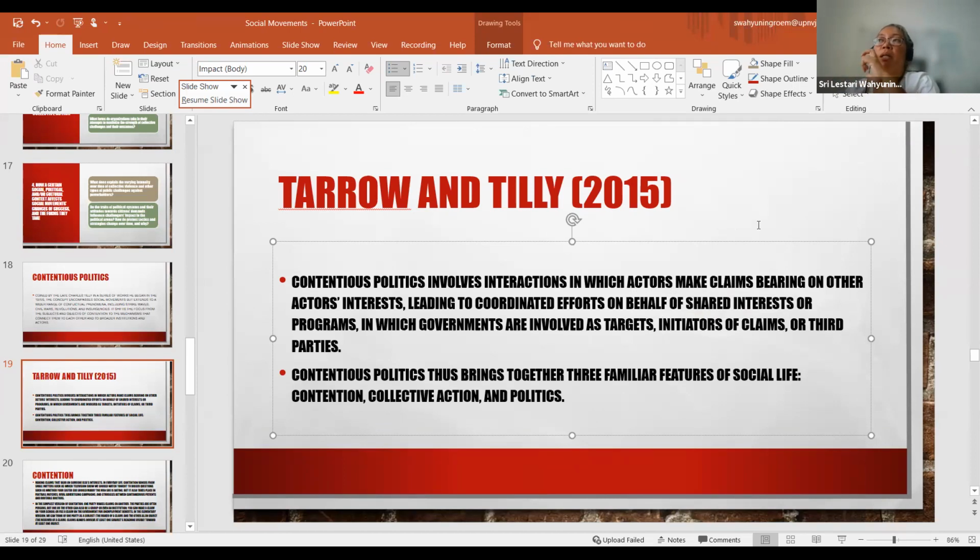Lebih tepat, memang contentious politics, we translate it into politik perseteruan atau politik pertentangan. The essence of it is that you contend, menentang. Ada contender kan ya, yang menentang. So contend is menentang. Menentang apa?